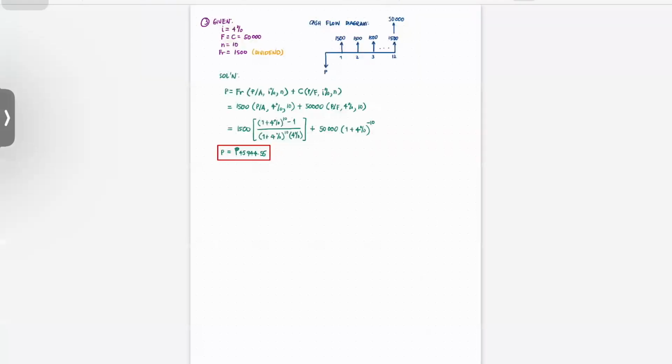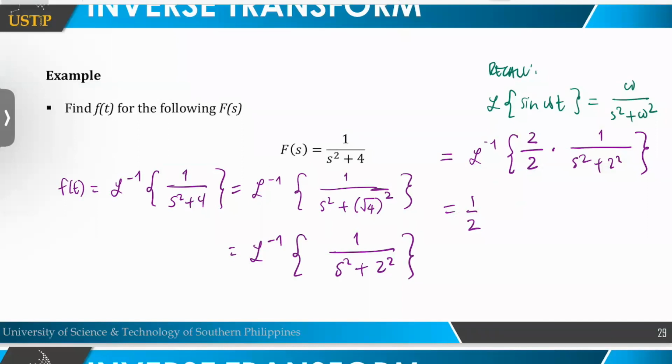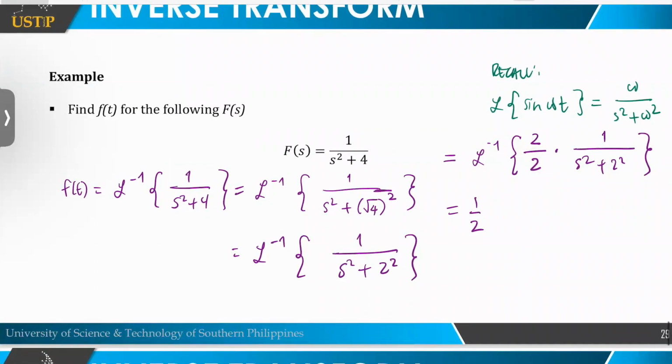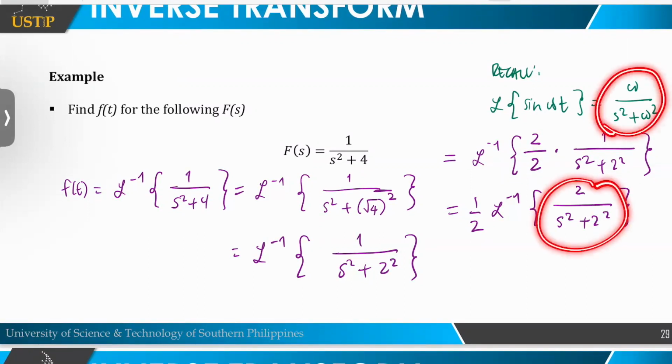Kining apart, kining 1/2. So that, what is left inside, class, is 2 over s squared plus 2 squared. Okay? And finally, this one is already in this form.